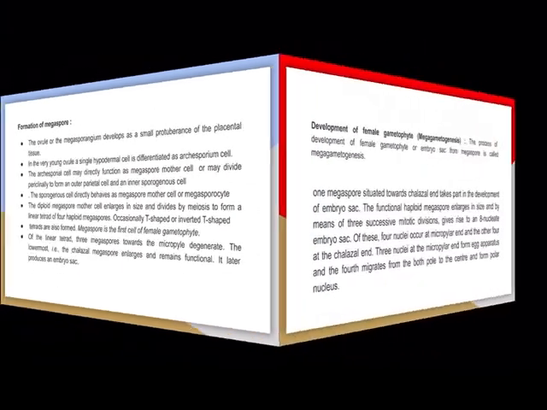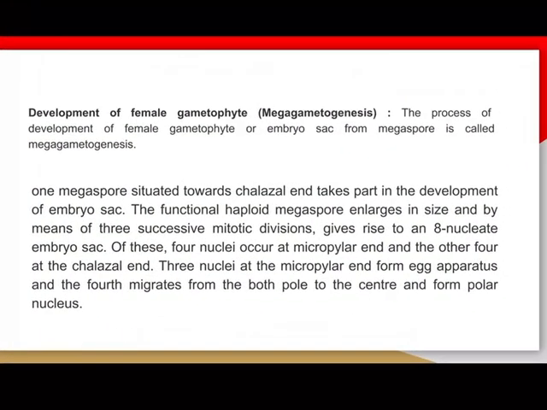Now, we'll go for the development of female gametophyte. The process of development of female gametophyte or embryo sac from megaspore is called megagametogenesis. Here I am explaining about the monosporic type. One megaspore situated towards the chalaza takes part in the development of the embryo sac.